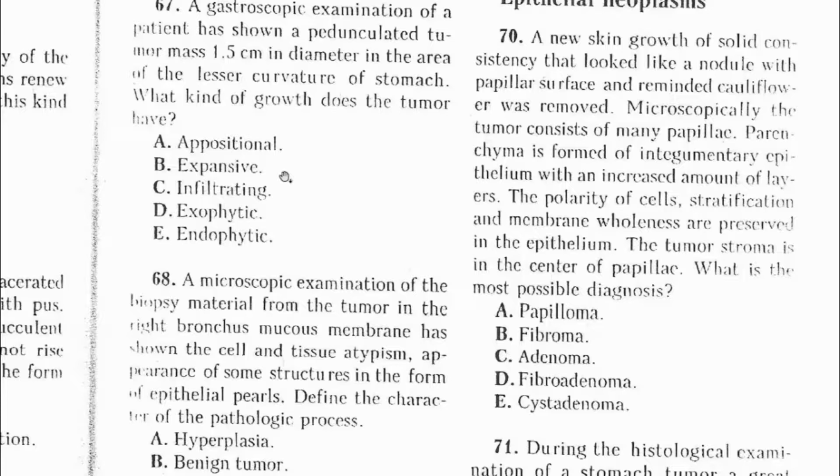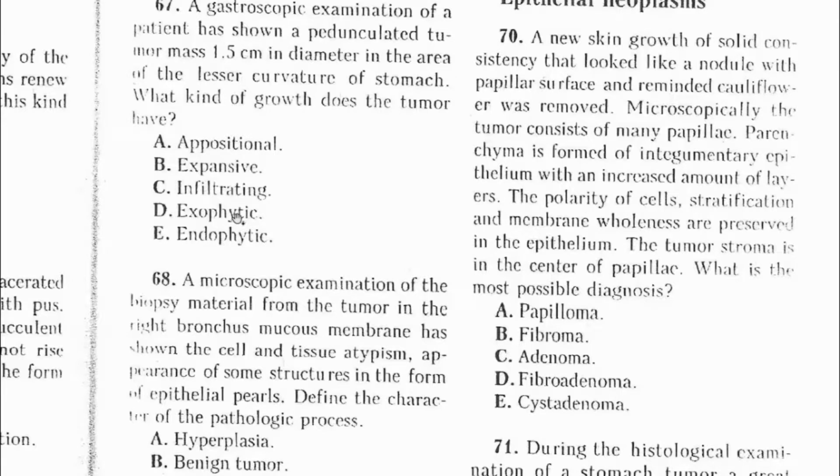We have: 1, expansive, apposition, and infiltration or infiltrative. Under expansive, it grows from inside, moving away the surrounding tissue. Apposition is due to the transformation of normal cells to tumor cells, whilst infiltrating is a tumor that invades normal tissues and destroys them.